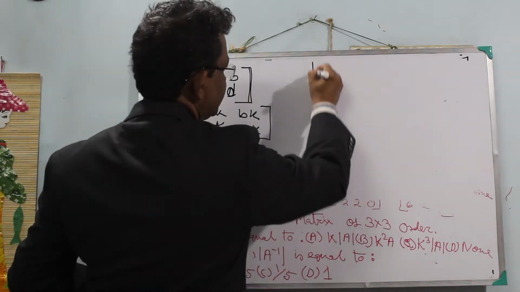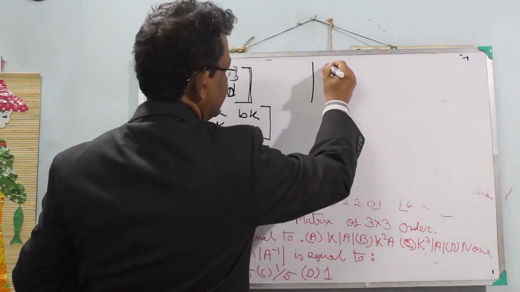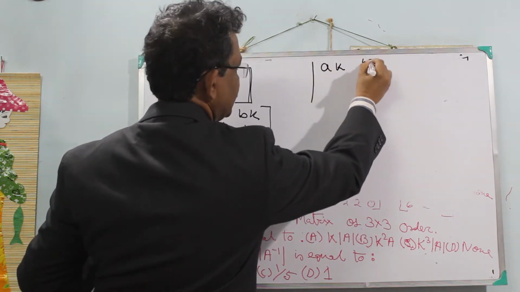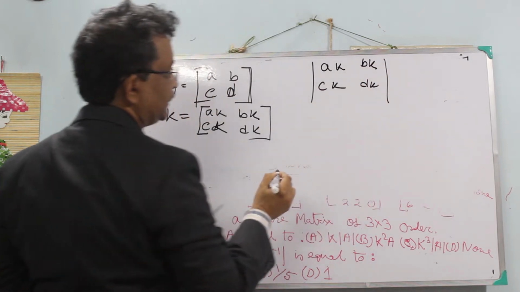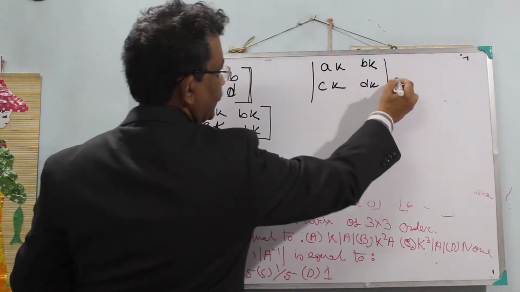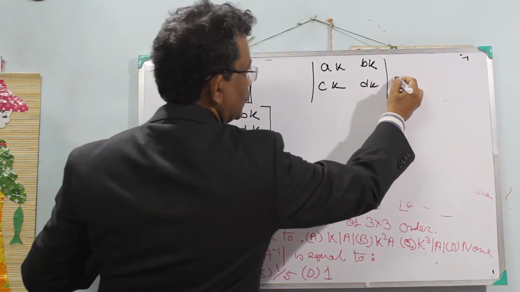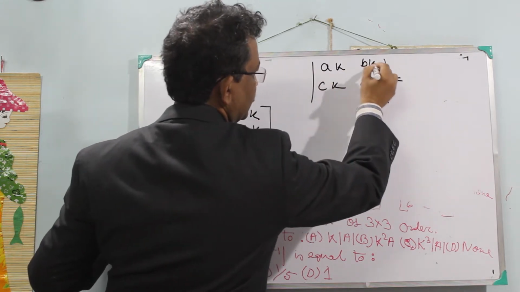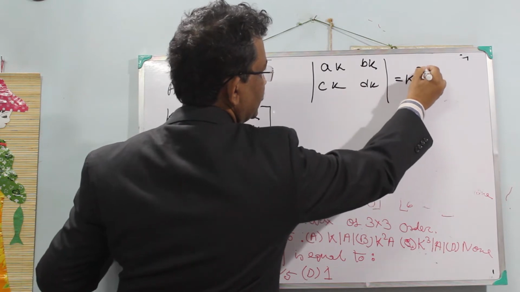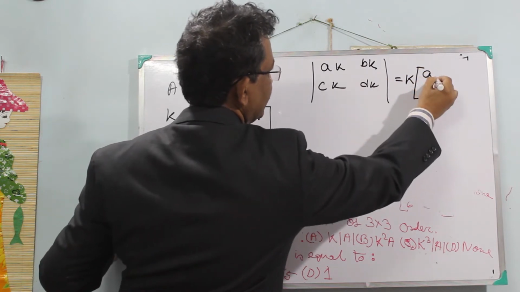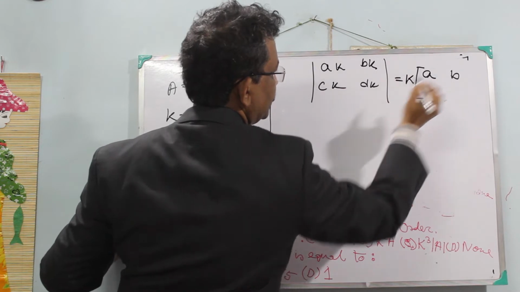Now if it is a determinant like this, with ak, bk, ck, dk, I may take k common from any row, say the first row. So take k common, and it will be a and b only.